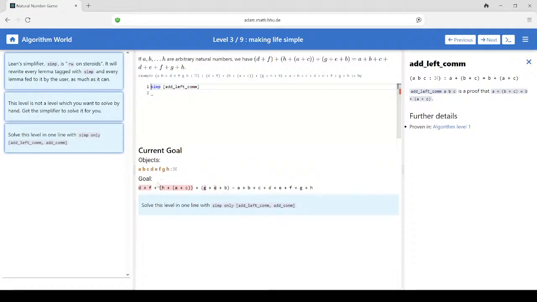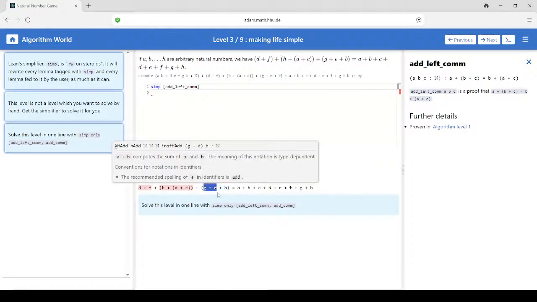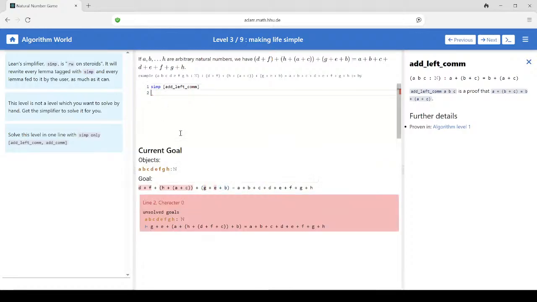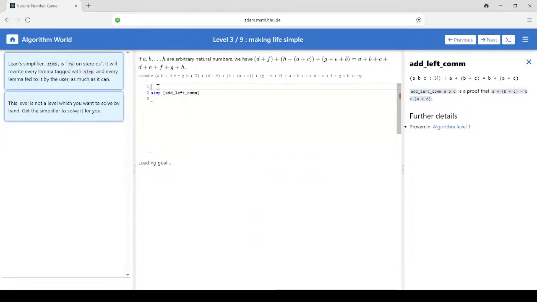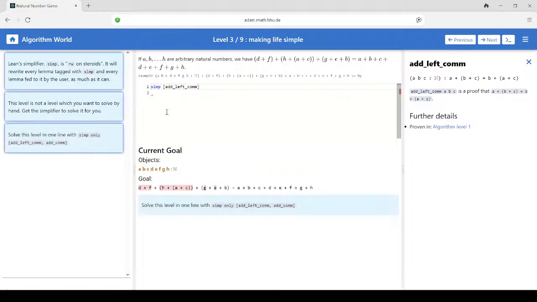I believe all rewrite did was take the first blocks that it could find and switch them around. But what simp is doing is it's taking each block. Let me see if I can figure out what it's doing exactly. Whoops. Okay, it doesn't like that.